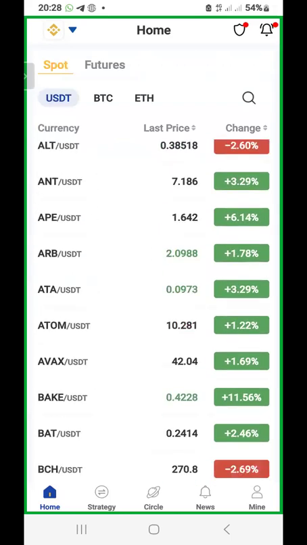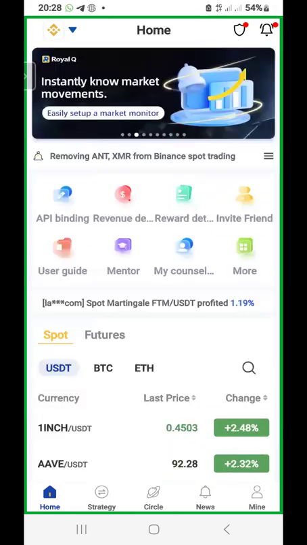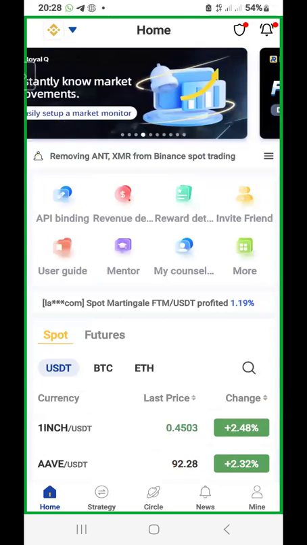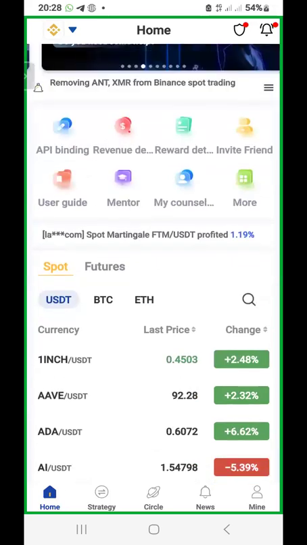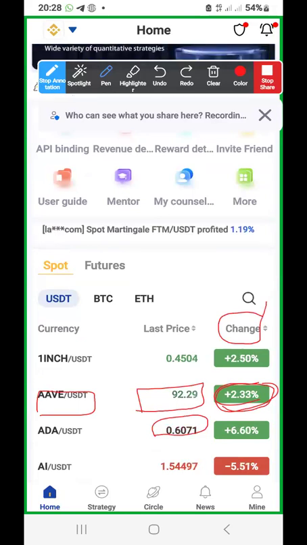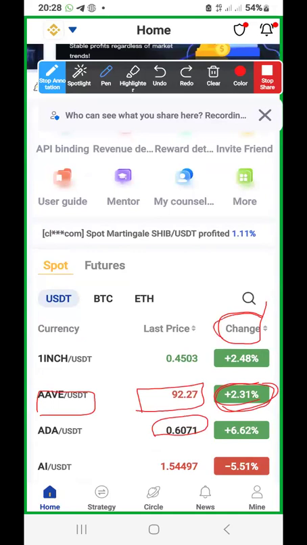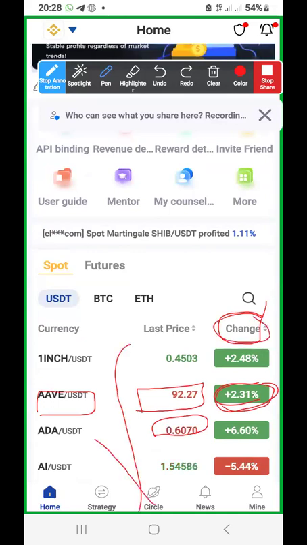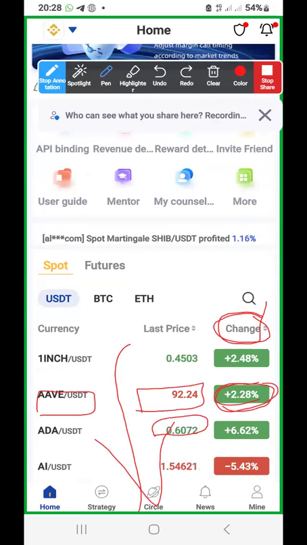You'll have very many. Now, another thing is, from the percentage change icon, you can decide to tap and arrange the coins based on the percentage. You can tap on the percentage change, and these coins will be rearranged based on how you have selected it, in terms of ascending order.